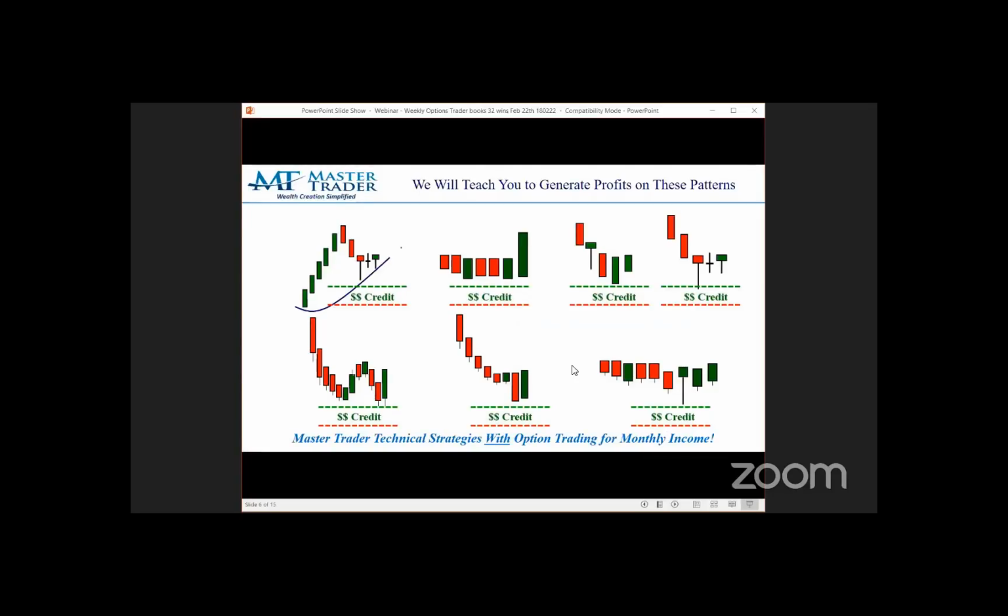We always try to get filled at or around the midpoint. Always use liquid options. The credit that you're taking in for selling this bull put credit spread, whenever you sell options, that's your maximum gain. Your maximum loss, or your cost basis, is the short put less the money you put in your pocket. So that's the cushion that I refer to as the cushion that you can be wrong.